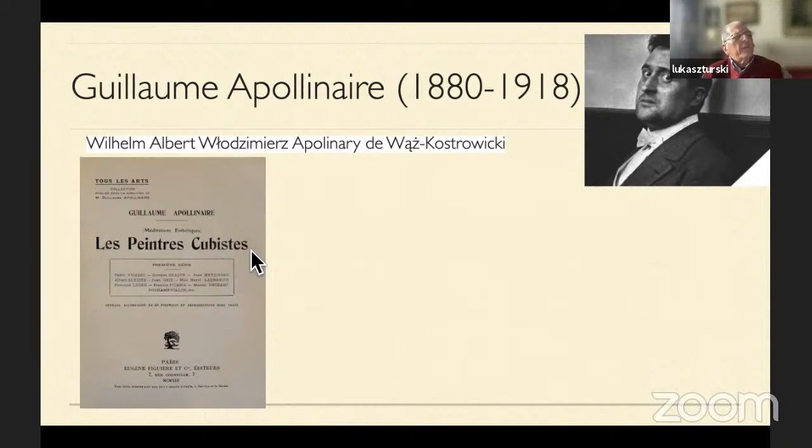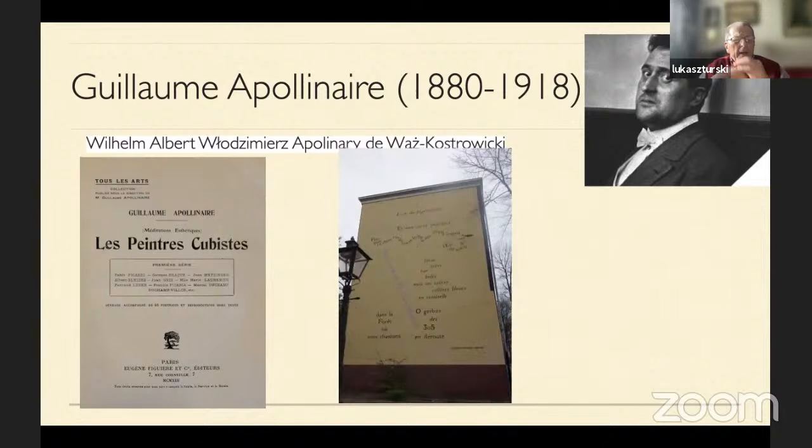But during his life, his poetry was also extremely well known all over Europe. And that is a monument in one of the most famous university towns in Europe, in Leiden, in Netherlands, which is a poetry of Apollinaire. You can read it, but I mean, it's in French.